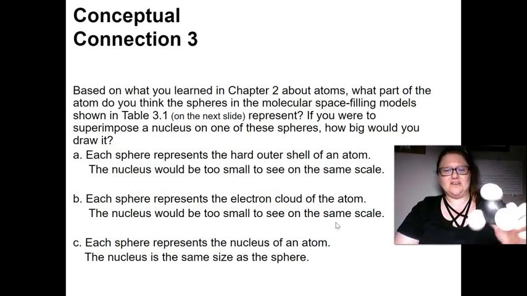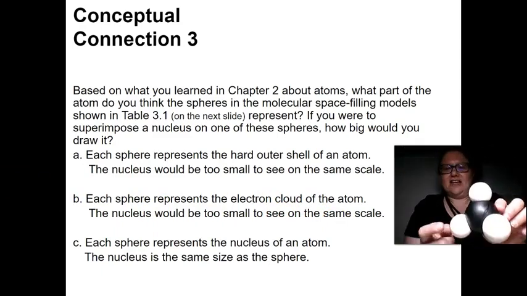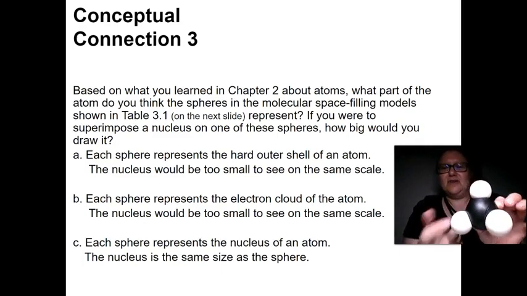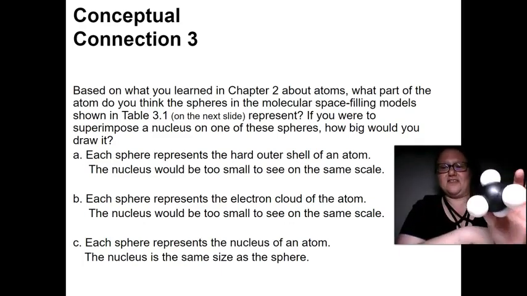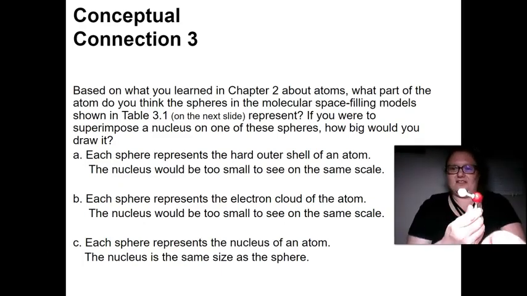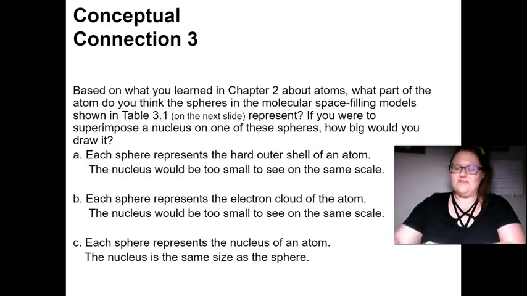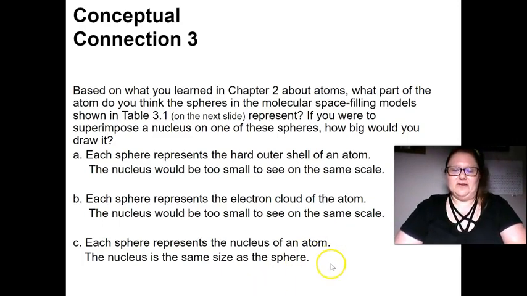B is the correct choice. The nuclei, again, would be just very, very small. It may not even be visible for the size of this particular model kit, and certainly not this one. So the nucleus is very, very small compared to the size of the electron cloud. The sphere does not represent the nucleus, so C is way wrong.